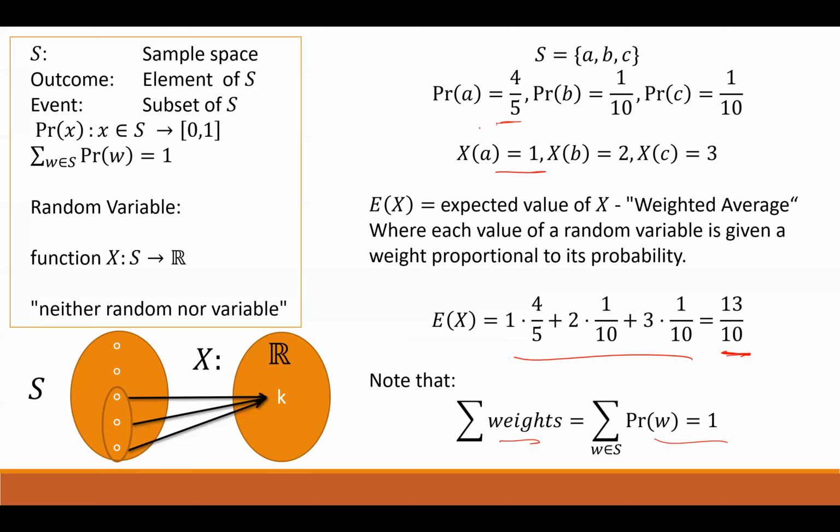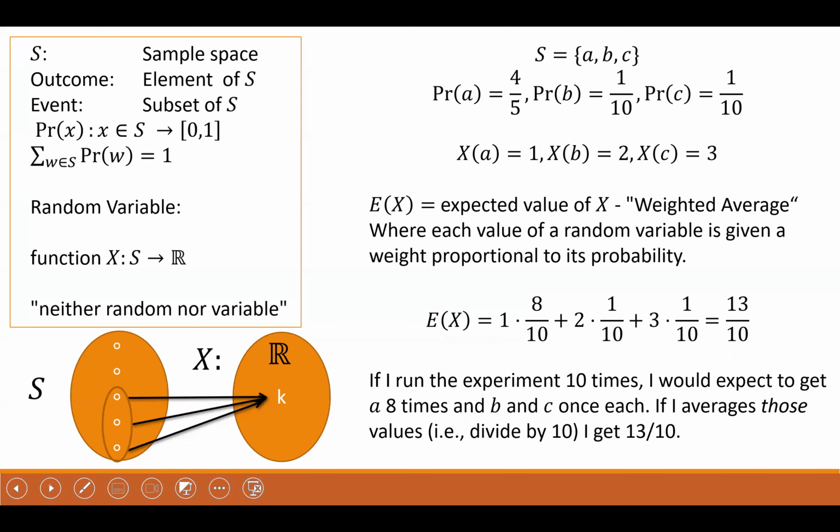Essentially my random variable and all the events it defined have to span the entire sample space. So if I run the experiment 10 times, I would expect to get A 8 times and B and C once each because of these probabilities.